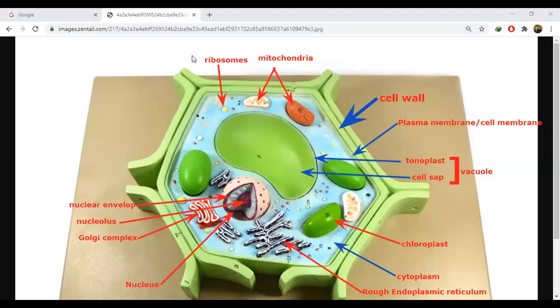Whatever structure is present in the cytoplasm, stuck to the cytoplasm, hanging in the cytoplasm, are called organelles. Then who are the organelles here?